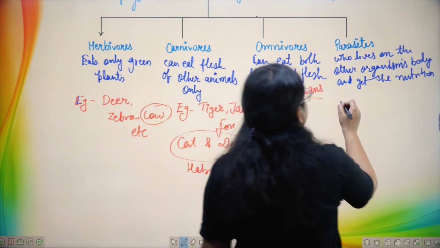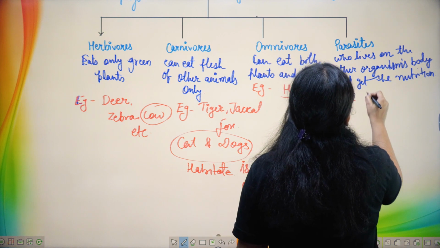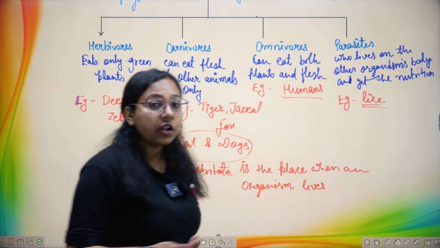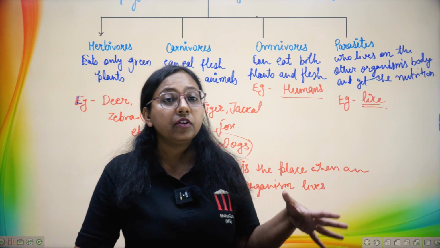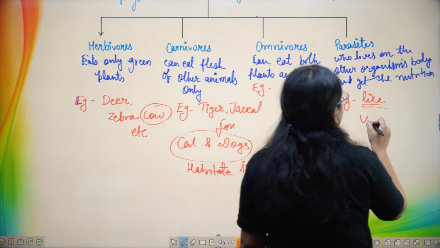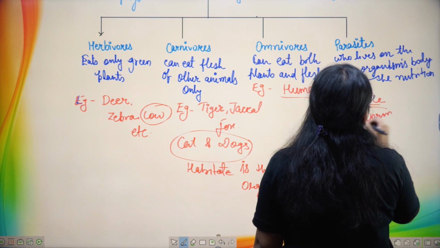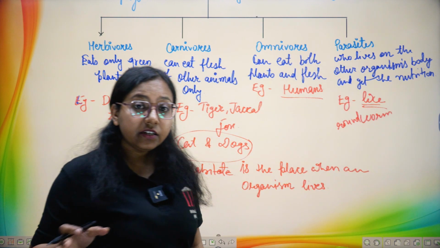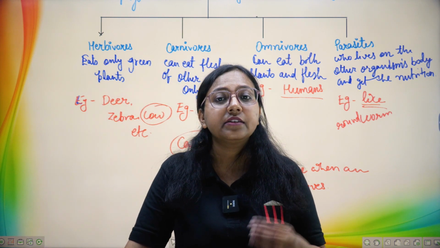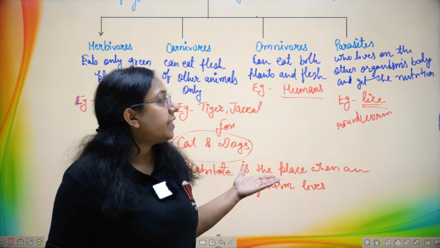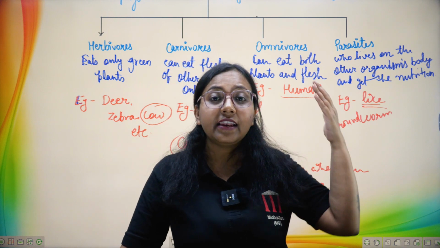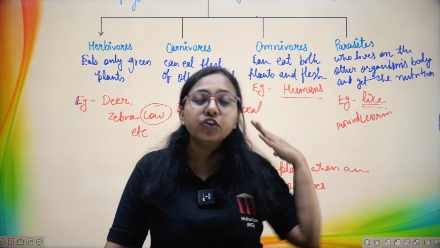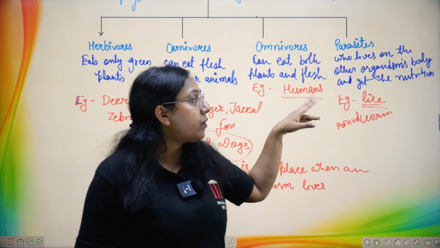And then comes the parasite, for example lice, or any worm, like roundworm. You must have seen worms. Many diseases are there, like in your stomach sometimes worms grow and eat your food. Lice on the hair suck your blood and live on it.